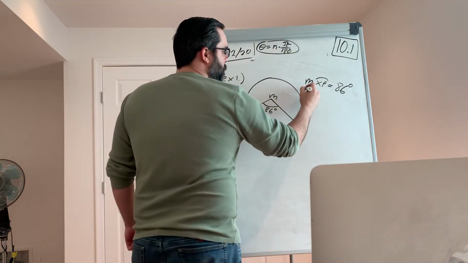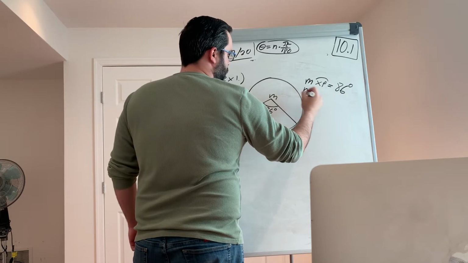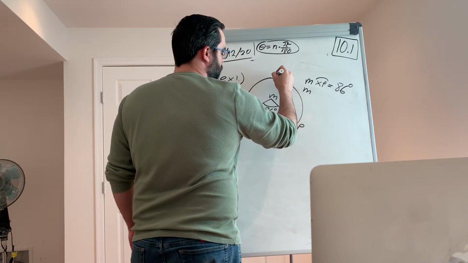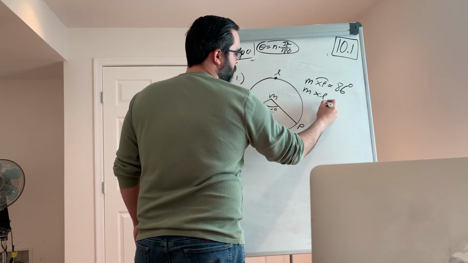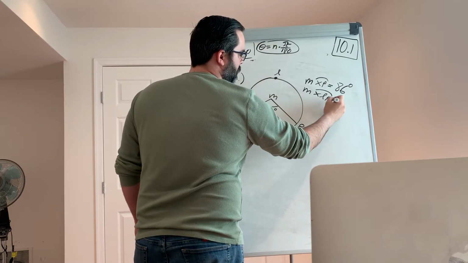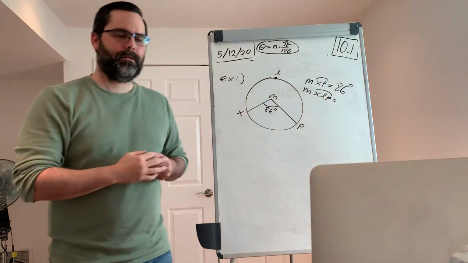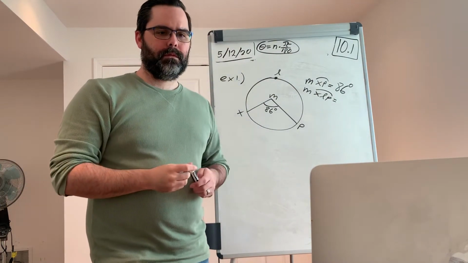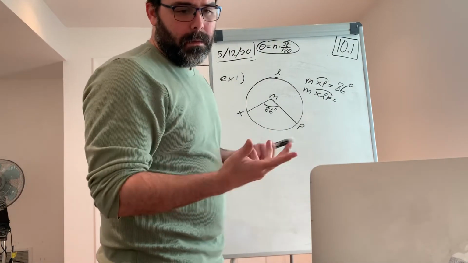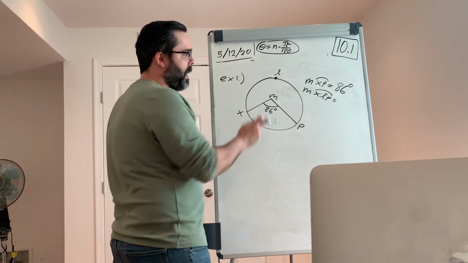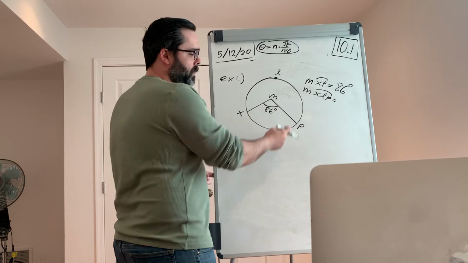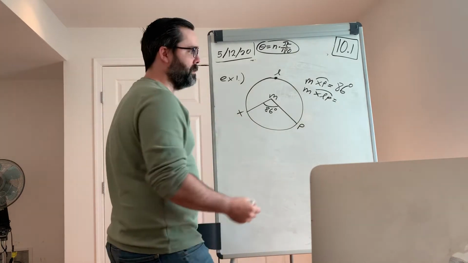So what is the measure of XLP? I don't know, it might be 274, Charlie, but let's be clear. How do you find this? You subtract this arc from 360, right?